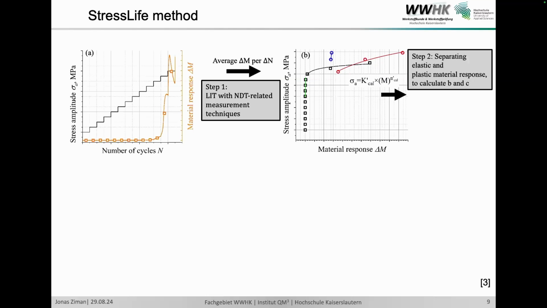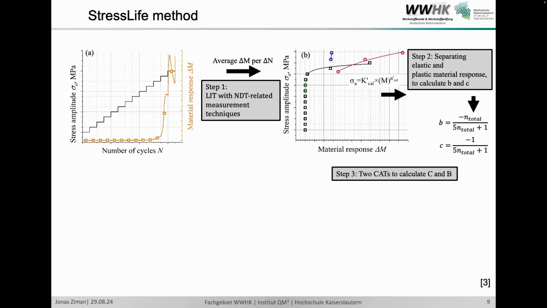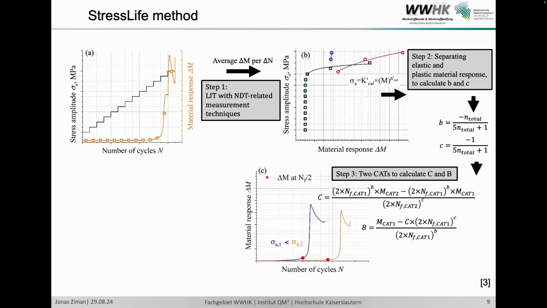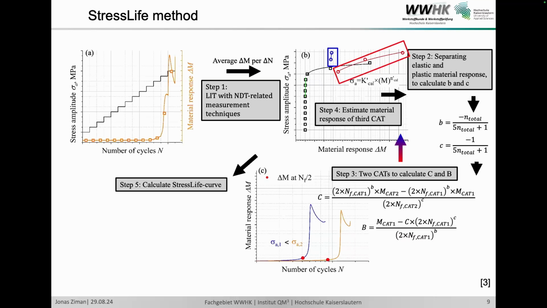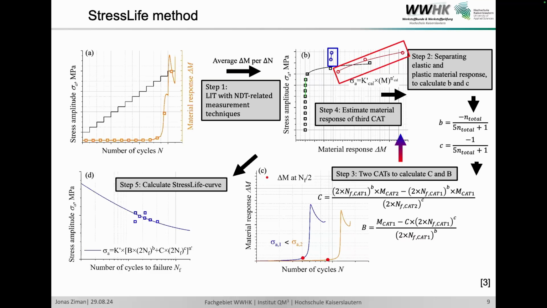There we separate between elastic and plastic material behavior to calculate some exponents B and C. We use them also with 2 constant amplitude tests to calculate the coefficients. With these fatigue data, we can estimate the material response of a third constant amplitude test, and then we have everything we need to calculate an SN curve according to StressLife.